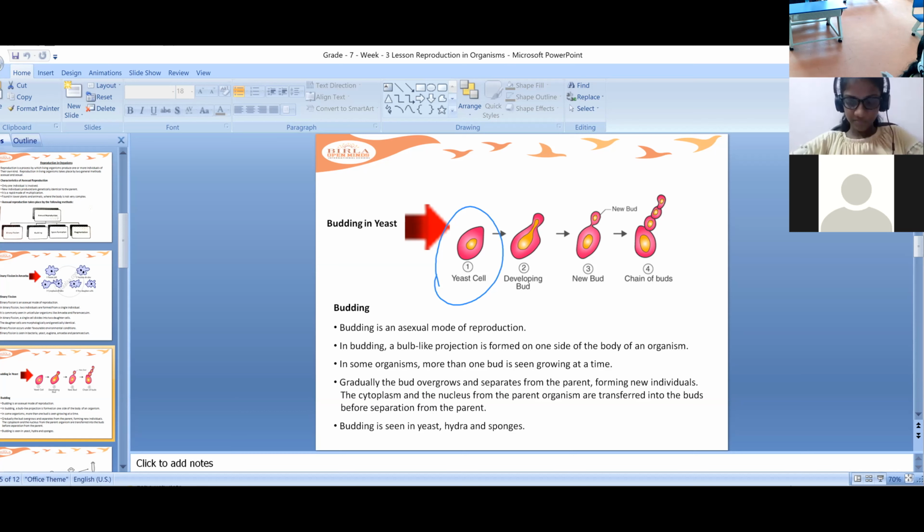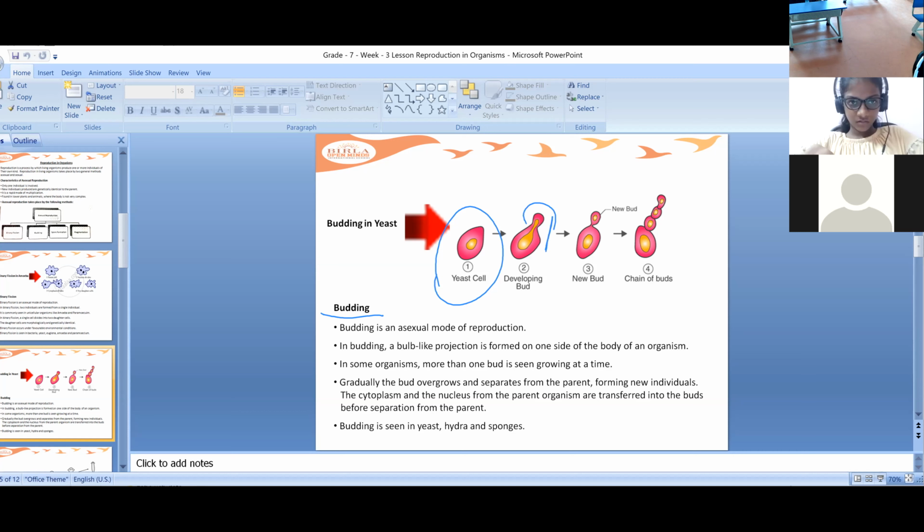So how do these yeast cells increase in number? How do they reproduce? Budding is the process which takes place in yeast. Firstly, yeast starts to develop a bud. Here you can see a small bud extension being developed.